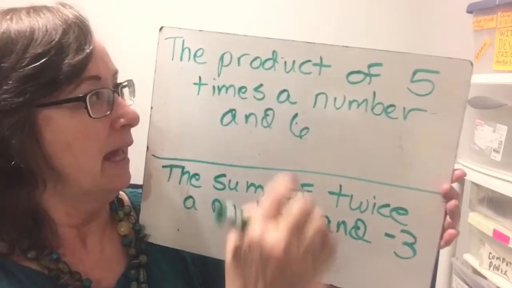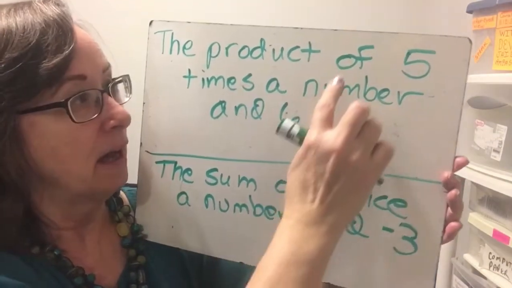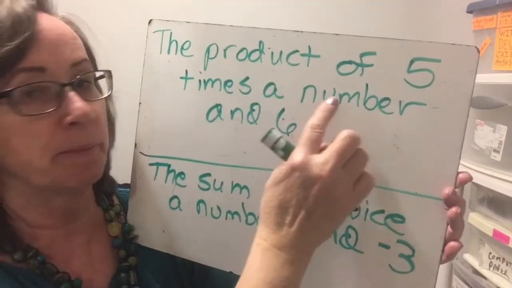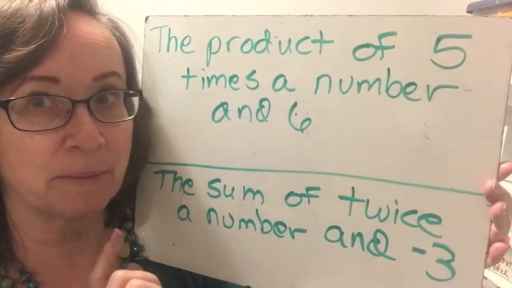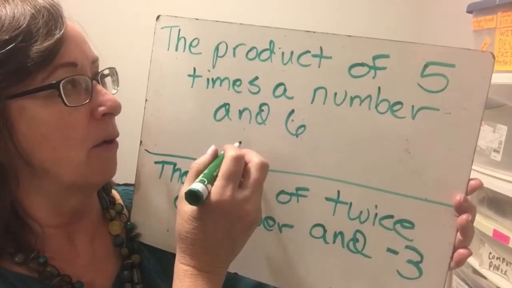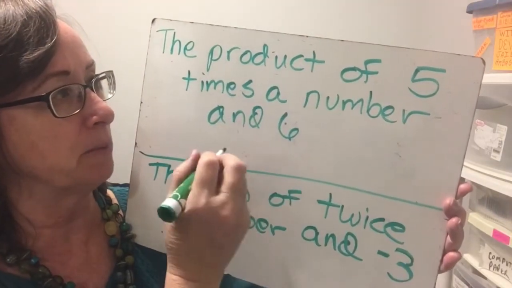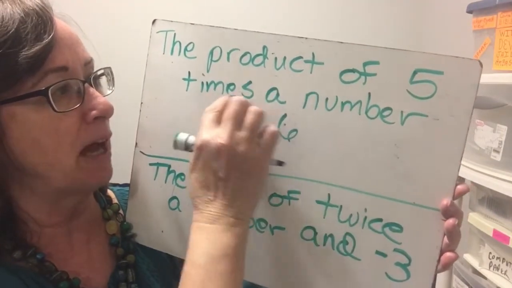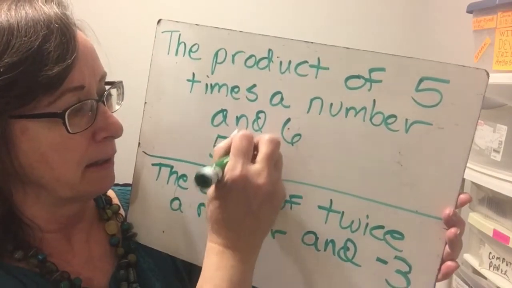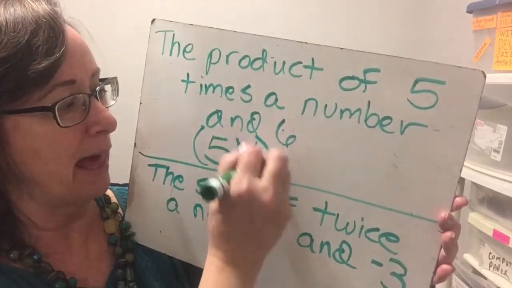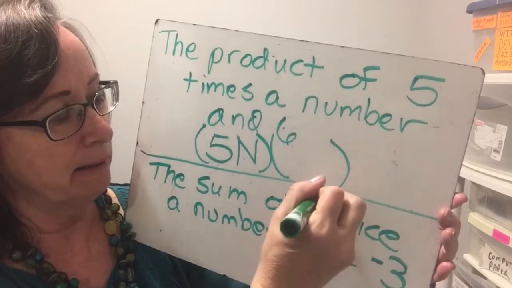That's all we have to do. Okay, so let's get our other board. The product of 5 times a number and 6. Now, product means to multiply. So, the product means we're going to multiply 5 times a number, which is 5n. We're going to multiply that by 6.